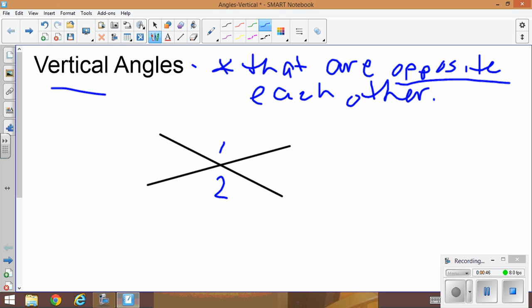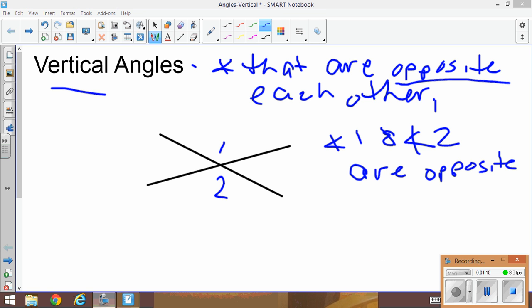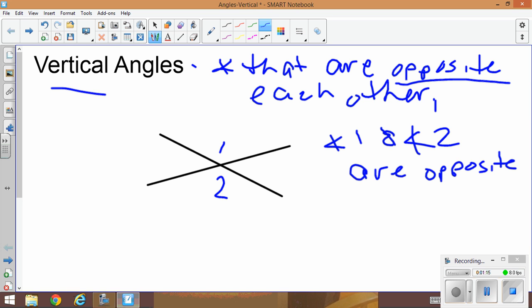So angle 1 and angle 2, sorry, it's kind of messy, angle 1 and angle 2 are opposite each other. And this means they are equal to each other. So vertical angles, angles that are opposite to each other, are equal to each other.